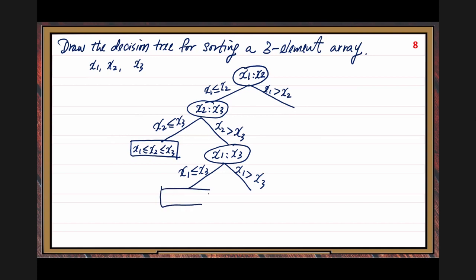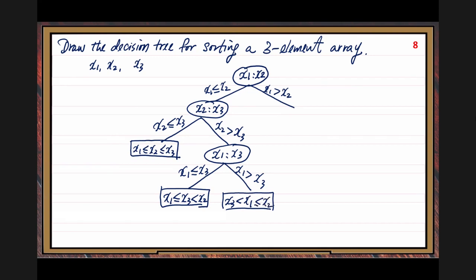You use a box to denote the sorting result. The order is x1 less than or equal to x3 less than x2. If x1 greater than x3, the array is sorted with x3 smallest, less than x1, and less than or equal to x2. How about that?